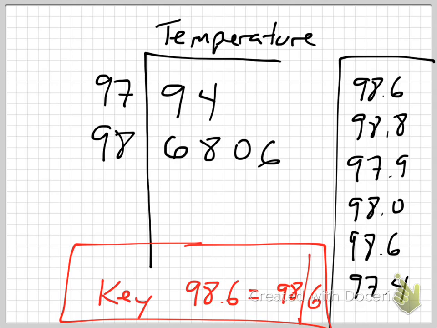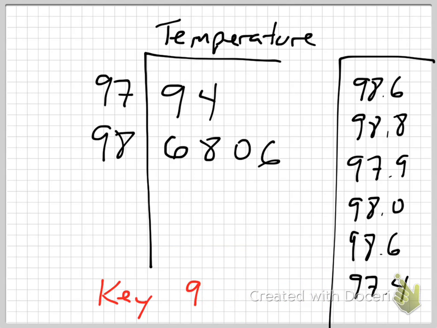Does that make sense? What if we weren't talking about temperatures and I was talking about the number of feet that somebody could hit a golf ball? If that was true, that 4 might represent 974 feet.